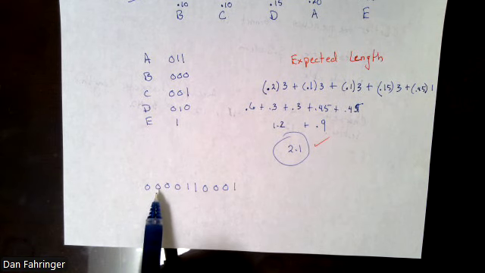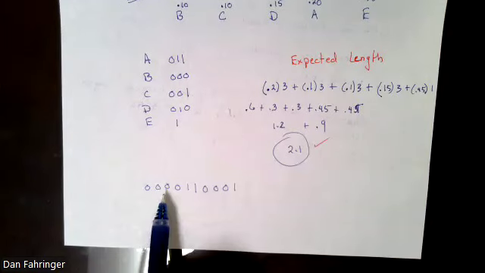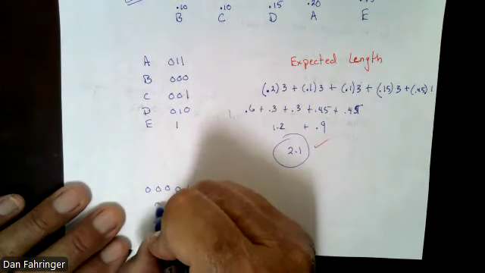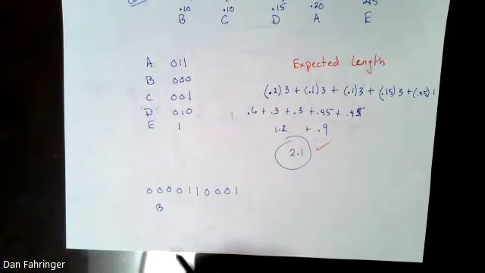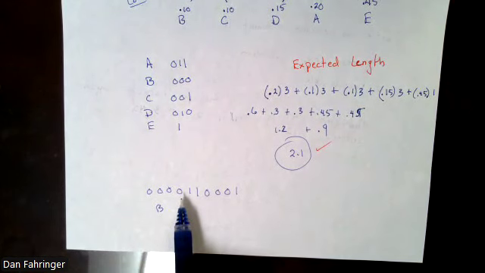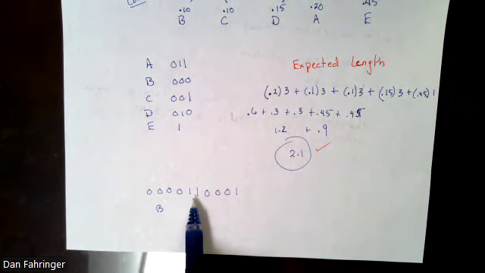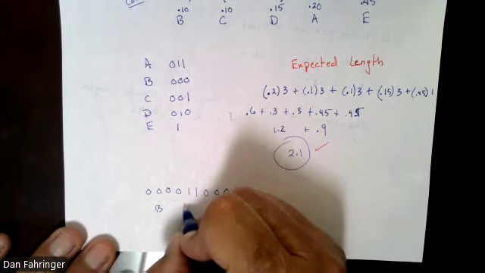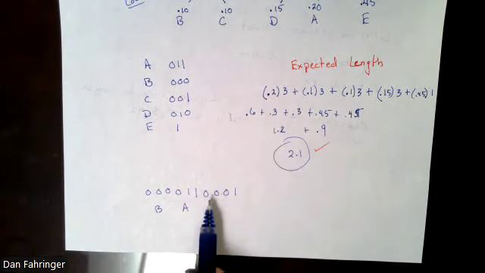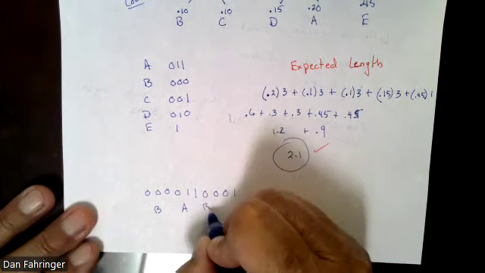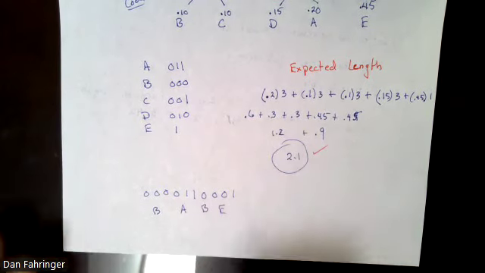None of them. Is there one that's 0, 0? Nope. Is there one that's 0, 0, 0? Yep. B. Nothing is just 0. Nothing is 0, 1. Up, A. 3 zeros again. B. And finally an E.